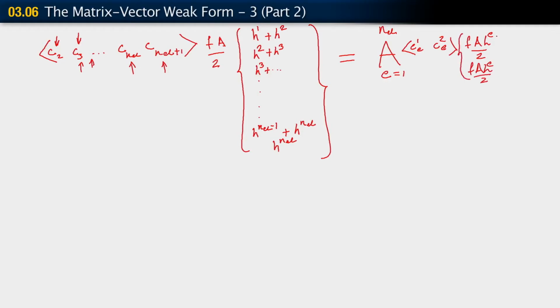This is the contribution that we've assembled. And again, that's just an abstract way of writing this operation. The detail of doing that operation involves the sort of mappings that we've just used here to write out these global vectors from the local ones and the sum over the elements.